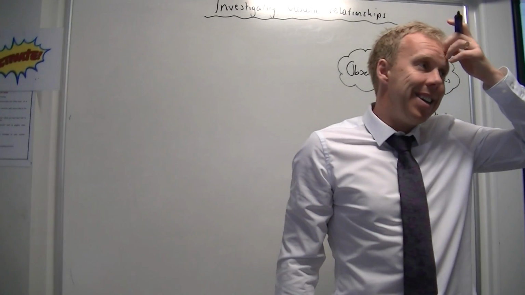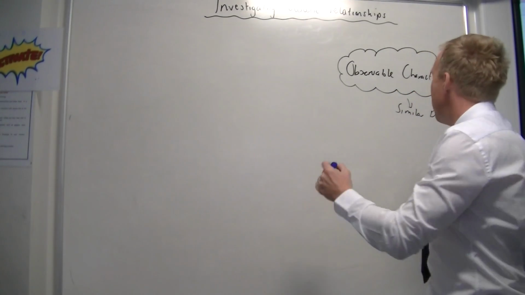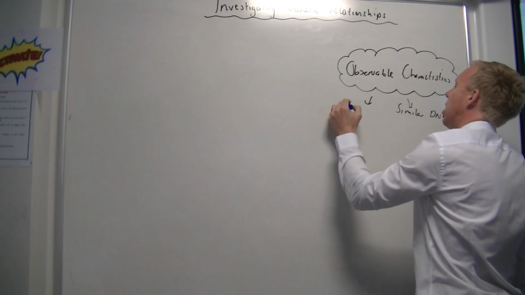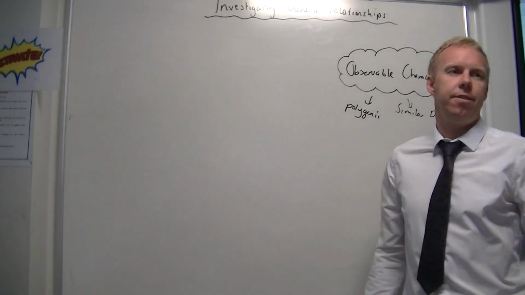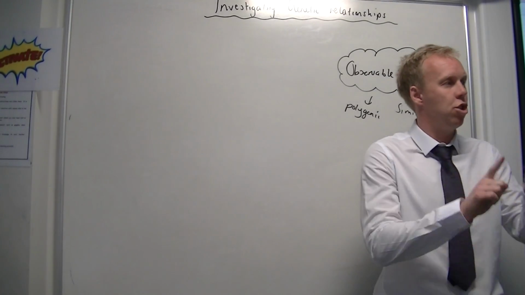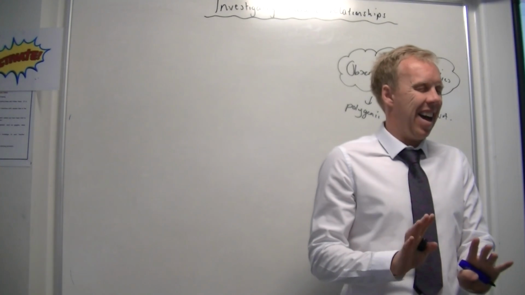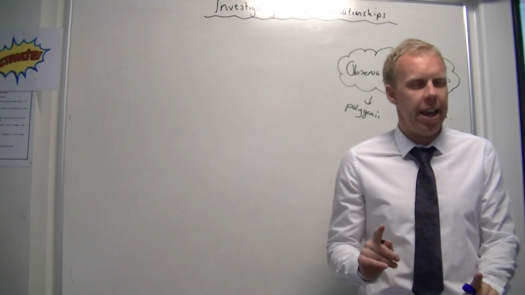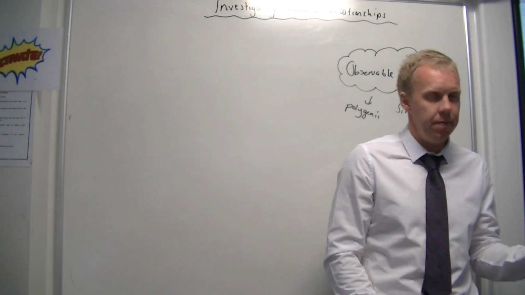And the problem with that, we need to be aware of the problem with that, is that most characteristics are actually polygenic. Alright? That means they are controlled by many genes. Okay? And polygenic features are very influenced by the environment. Alright?